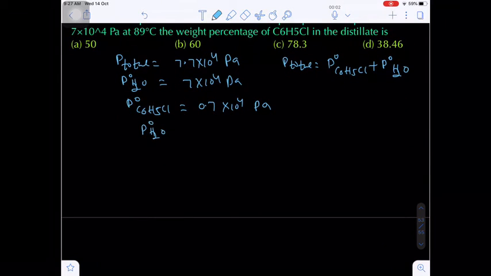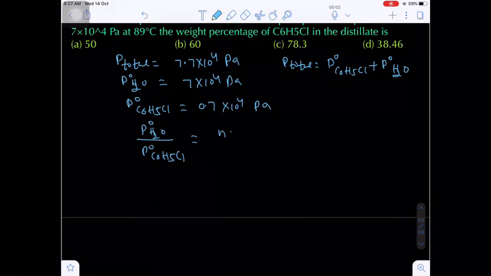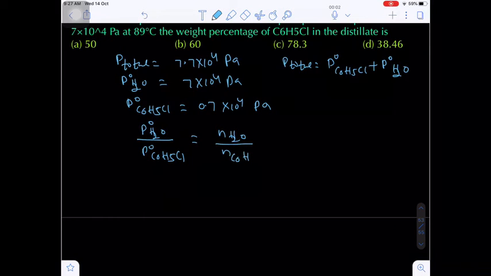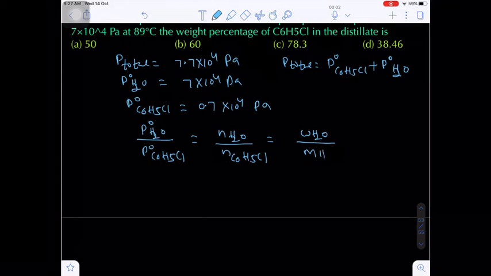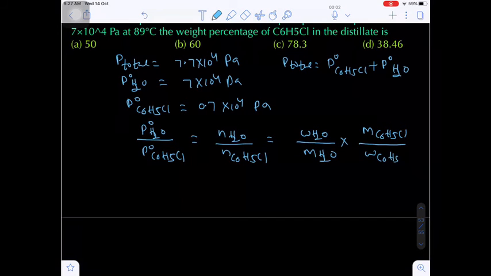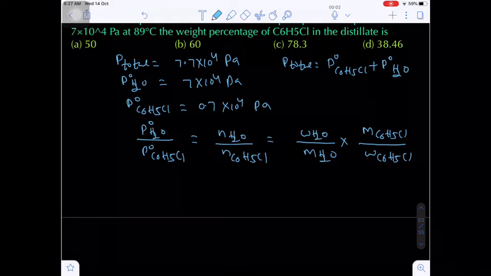Now here, vapor pressure of water upon vapor pressure of chlorobenzene will be directly equal to number of moles of water upon number of moles of chlorobenzene. Okay, now the weight of water divided by molecular weight of water, multiplied by molecular weight of chlorobenzene divided by weight of chlorobenzene. Are you getting my point?